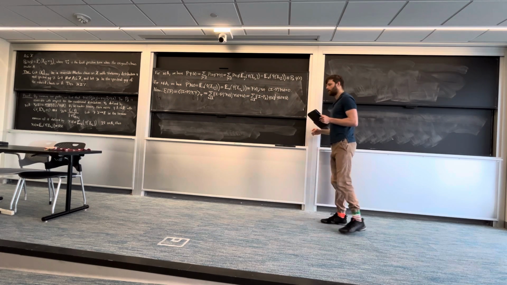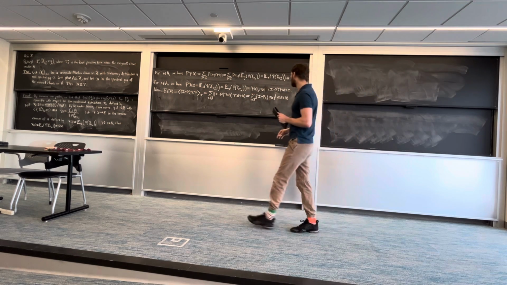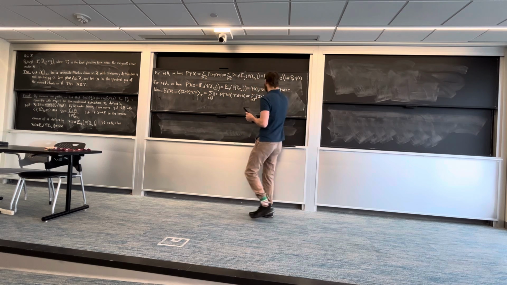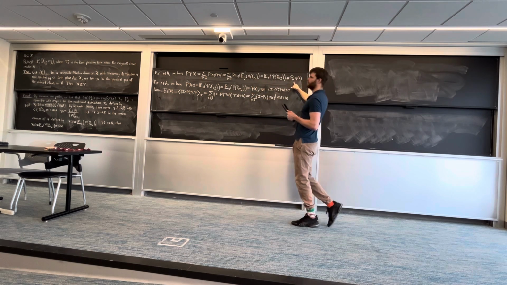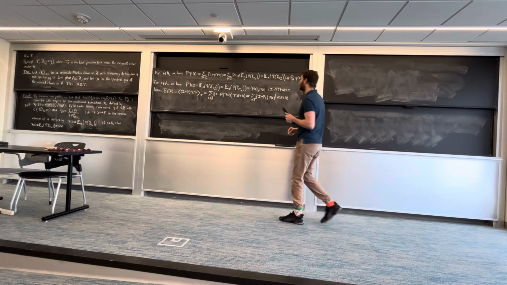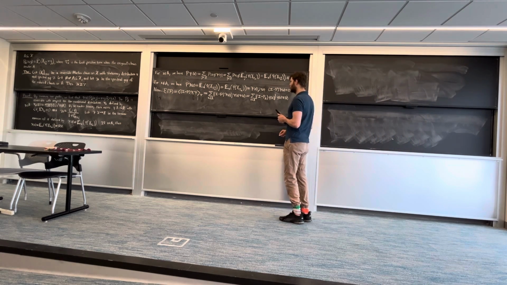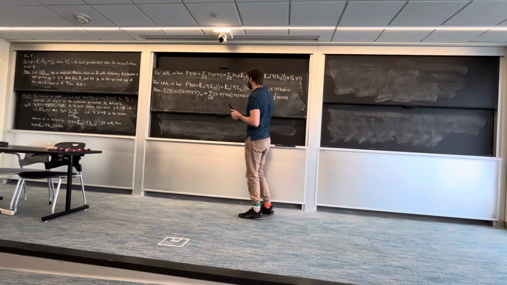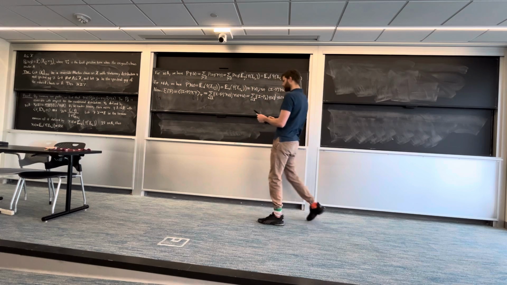So psi of x is the same as phi of x, and so this is psi of x minus P psi of x, which is the same as phi of x minus P_A phi of x. Okay. So I'm just using the fact that psi and phi agree on the set A.